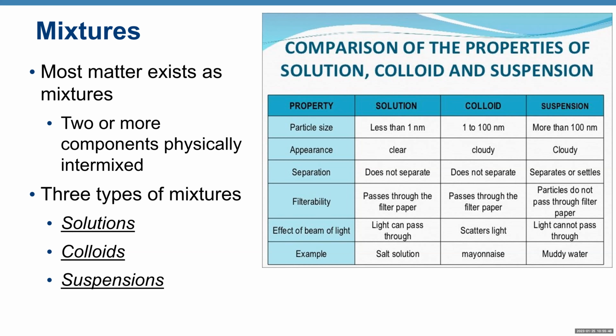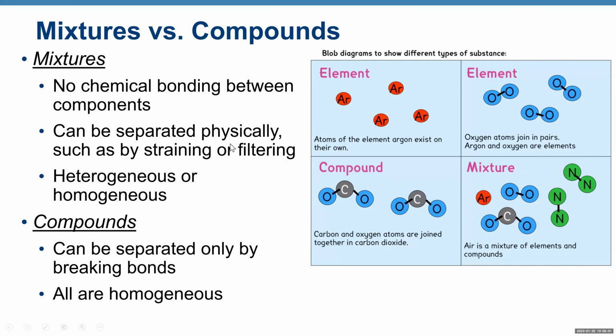Most matter exists as mixtures, two or more components that are physically intermixed. Three types of mixture include solutions, colloids, and suspensions, right? So if you go back, just to make sure we get it, a mixture, as shown in this picture, has elements and compounds that do not have chemical bonds between them, and they can be physically separated.